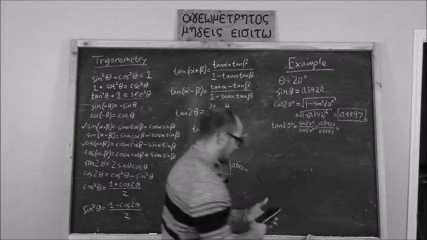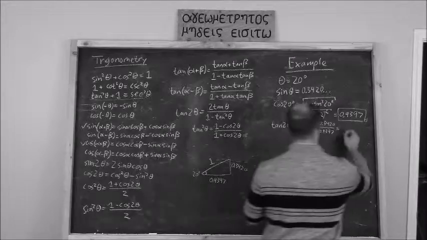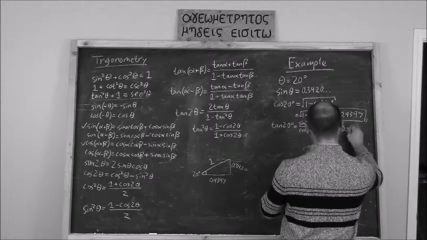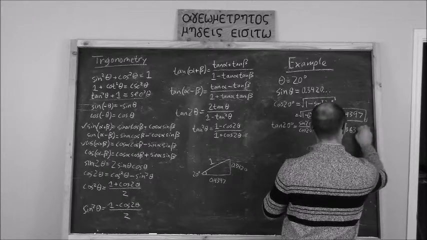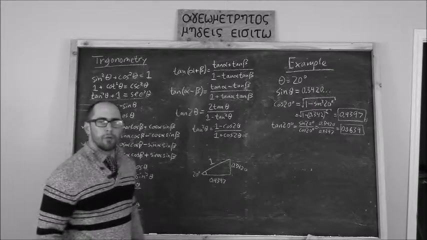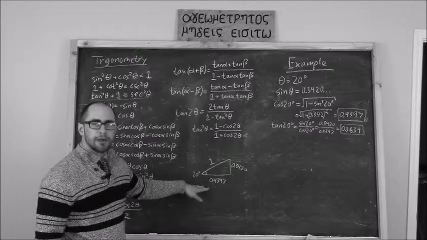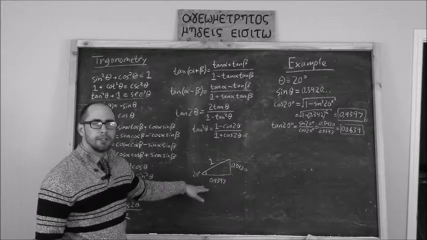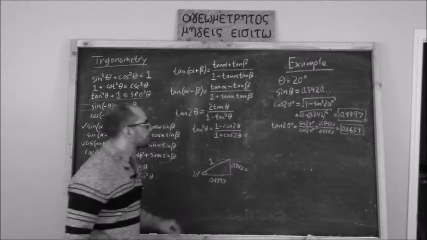Okay, if I plug that into my calculator, I obtain 0.3639. Moral of the story there is that when in doubt, use a reference triangle to help you visualize your relationships between sine, cosine, and tangent.